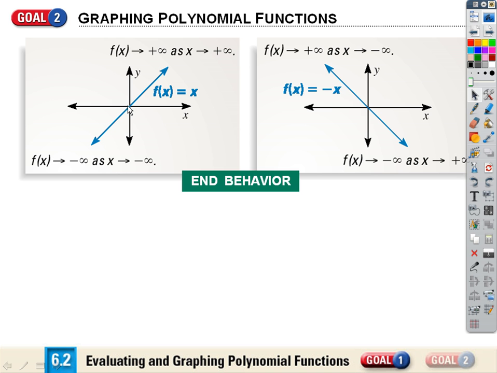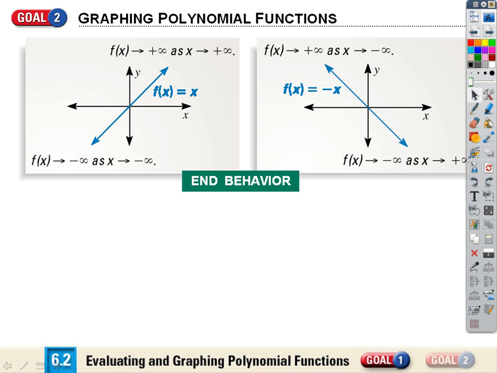Meaning as the ant walks in the negative x direction forever along the function. What's he doing? Well, in this case, we can see that he's walking downhill forever. And so as x approaches negative infinity, the function also approaches negative infinity. We can see it on the graph, right? A lot of times we call this end behavior, but we want to know what's going on at the tails of the function, we'll say in math sometimes. Way out there, what's it doing?